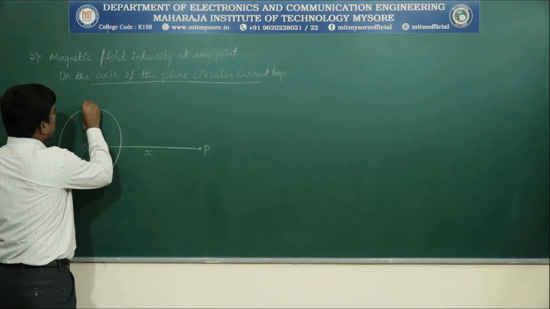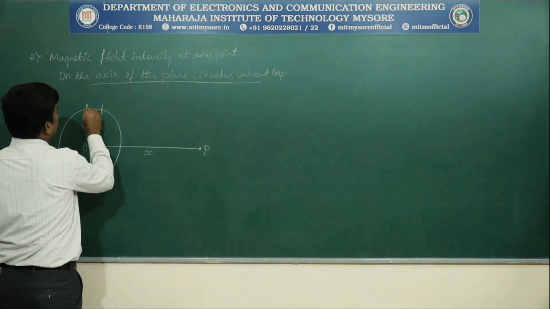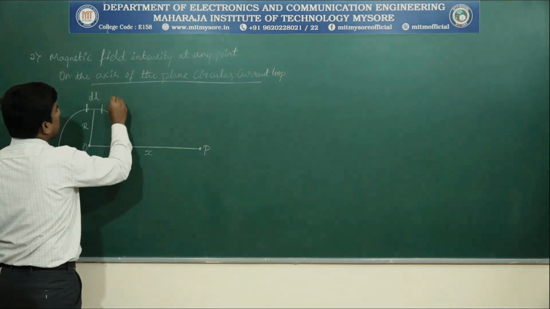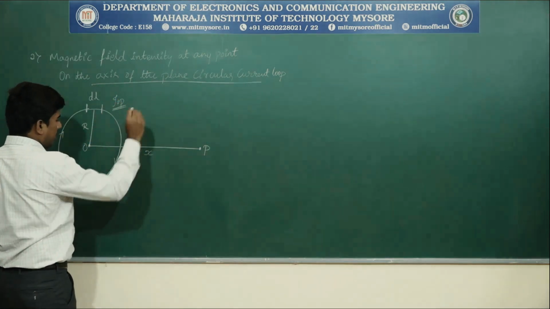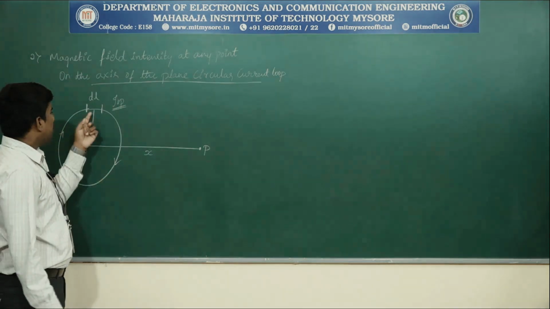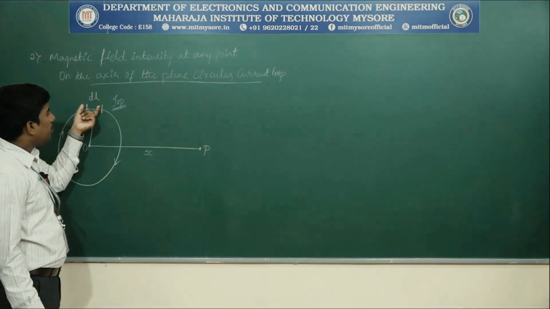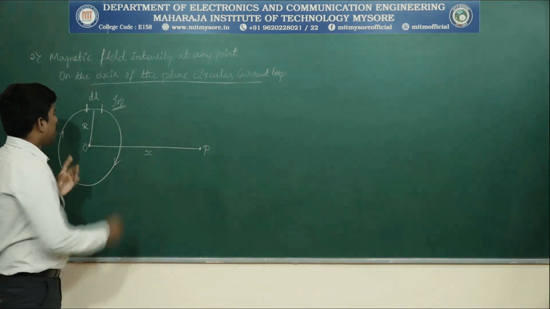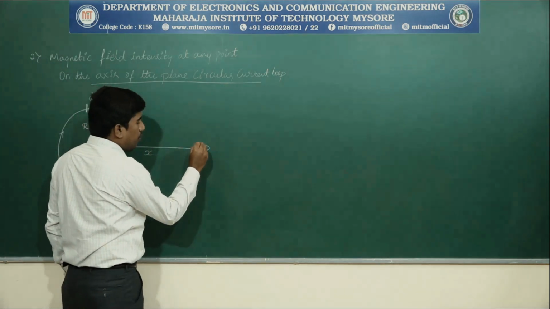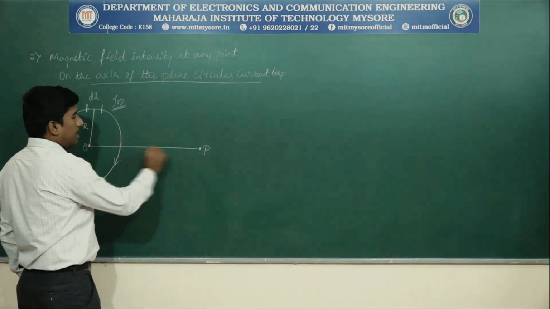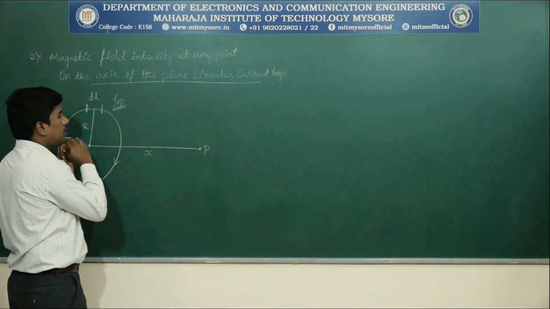Let us choose a differential element of length dl on top of the circular current loop. The current flowing in this circular loop is in this fashion. We need to identify the magnetic field intensity at point P, which is on the axis of this circular current loop.